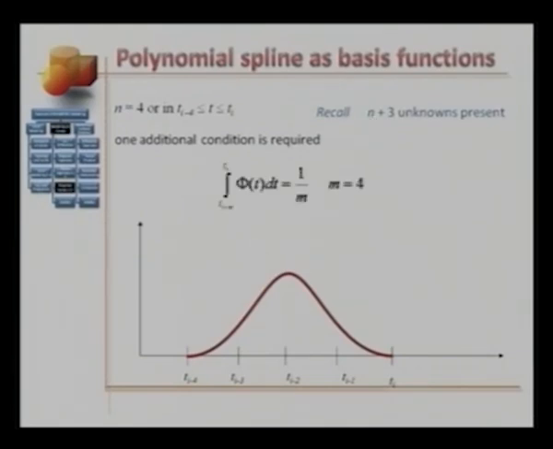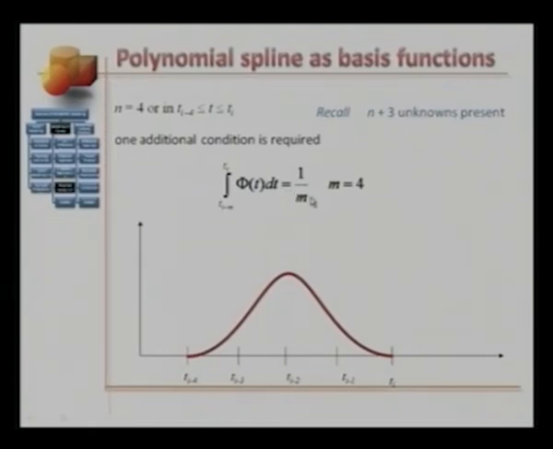We use something called the standardizing condition to ensure that this B-spline basis function is not 0 in between the values Ti minus 4 to Ti. We ensure that the area under this spline curve is non-zero. That is, integral from Ti minus m to Ti of phi of t dt is equal to 1 over m.